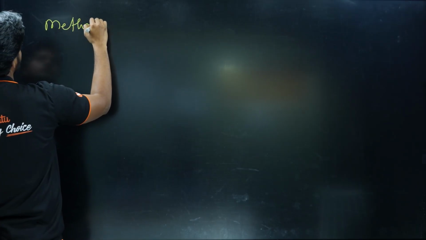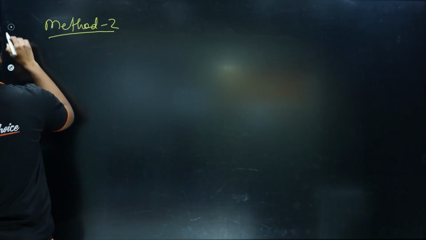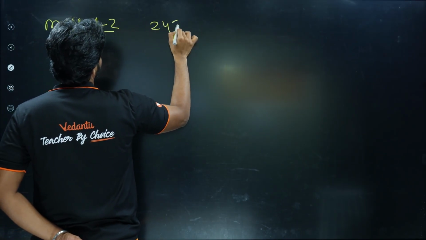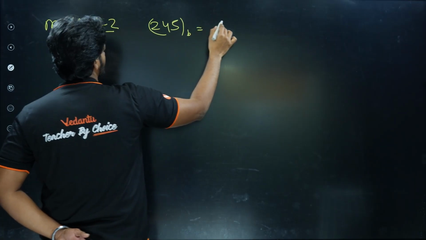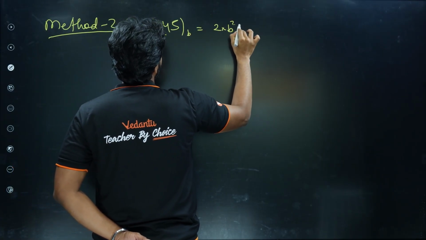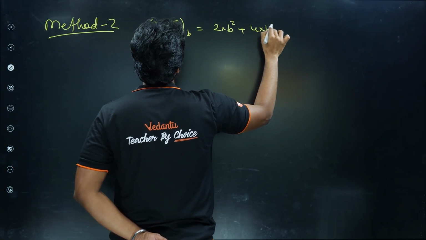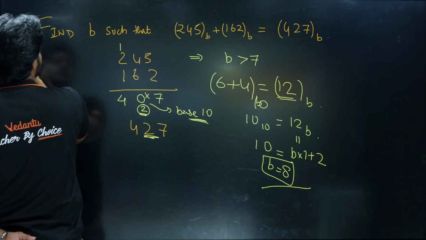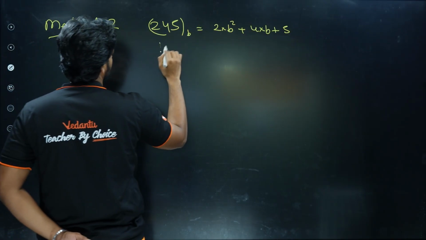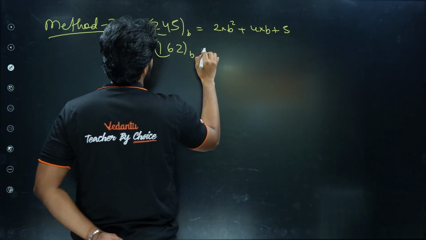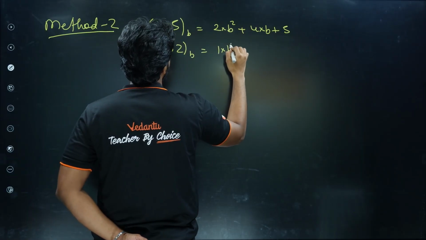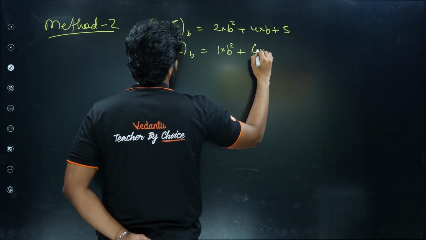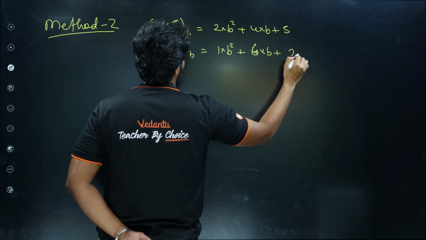Method 2 is you directly convert each of those numbers. 245 base b is equal to 2 into b square plus 4 into b plus 5. 162 base b is 1 into b square plus 6 into b plus 2.